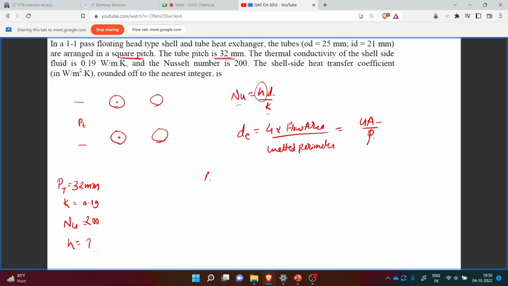Now the flow area A will be the area through which the fluid is passing if we consider this square whose one side is PT. This entire thing will be the flow area.